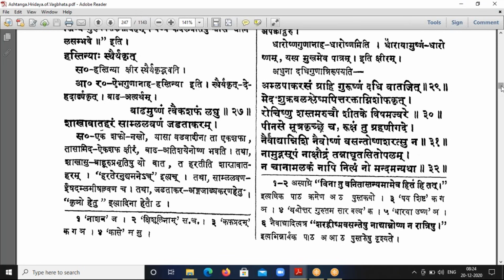Then later it becomes a little bit sweet, tada swadu. This goes through some sort of amlikaranam, or fermentation. So naturally, it is fermented with the natural fermenting agencies, microorganisms or whatever it is. And this varies from place to place according to the climatic conditions.